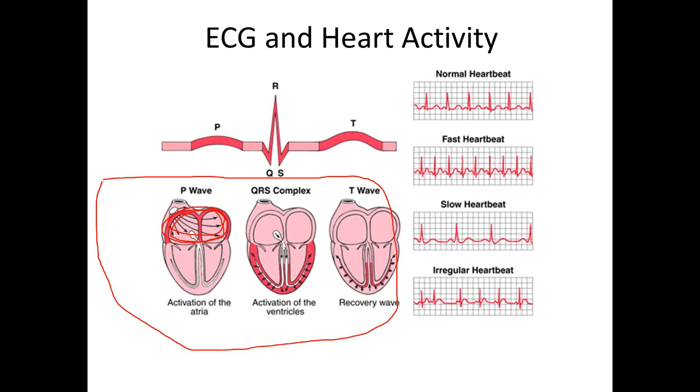The second thing we noticed was that wave of activity reaches the AV node, and then you get that very strong passage of contraction through the bottom of the heart. The bottom of the heart is very muscular, and there's a lot of electrical activity coming down the bundles here in the middle. And then the heart relaxes. So the heart tends to electrically go back to normal. There's not much happening there, just slight electrical activity.